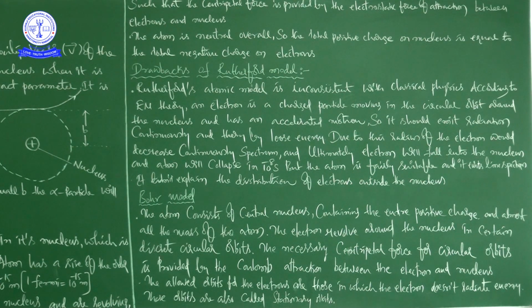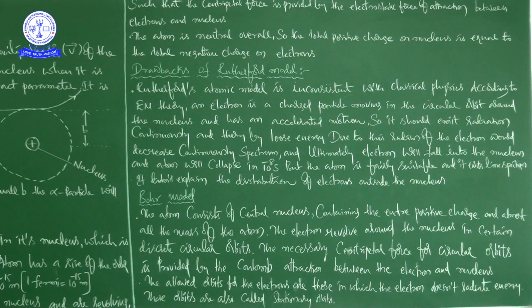That is the primary and fundamental force it requires. So according to Bohr also, centripetal force is provided for the electron by the Coulomb attraction between the electron and the nucleus.